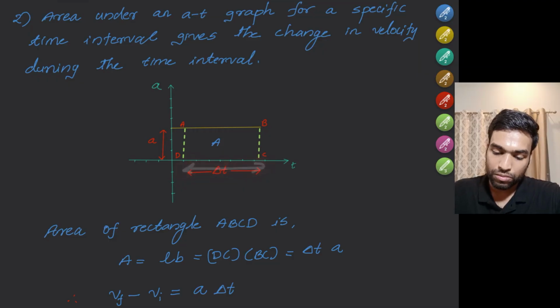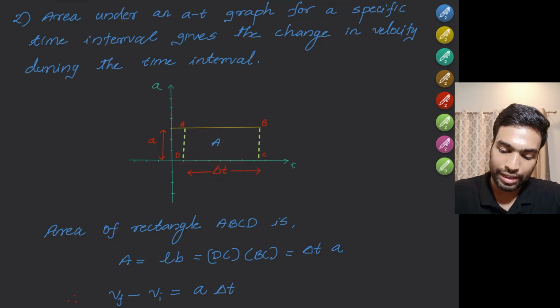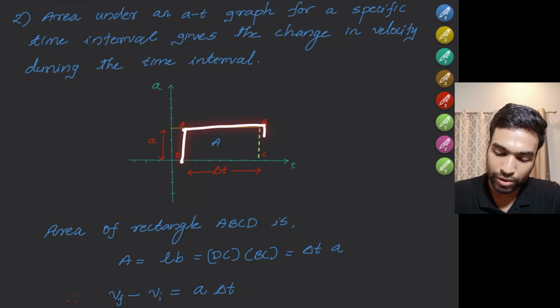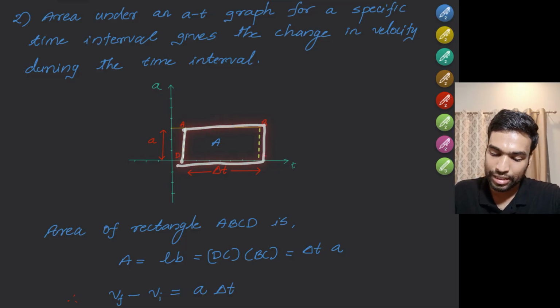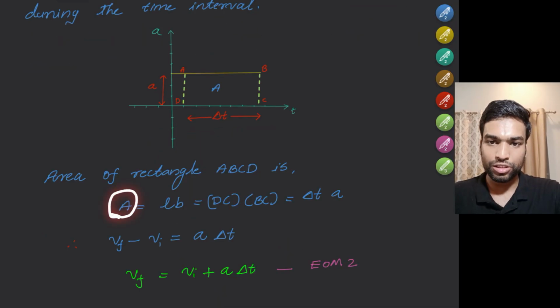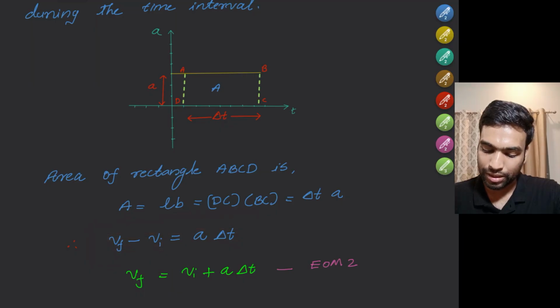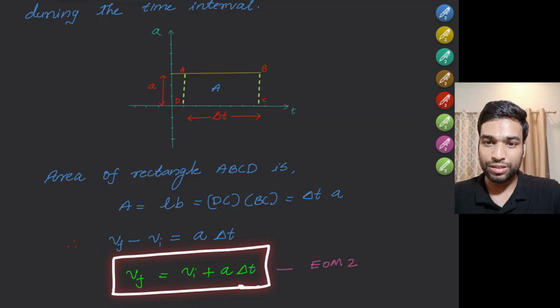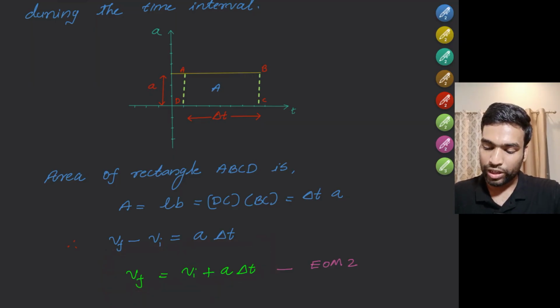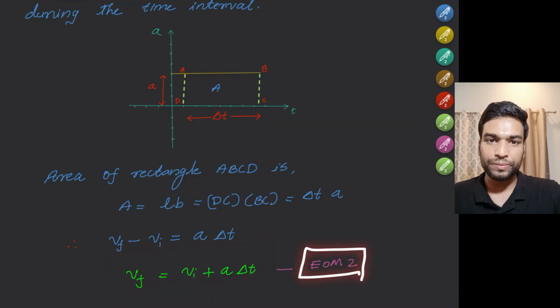For that time duration, the area is the area of rectangle ABCD. This area is nothing but the change in velocity. So Vf minus Vi equal to a delta t. Thus we get Vf equal to Vi plus a delta t, which is the second equation of motion. We can call it EOM2.